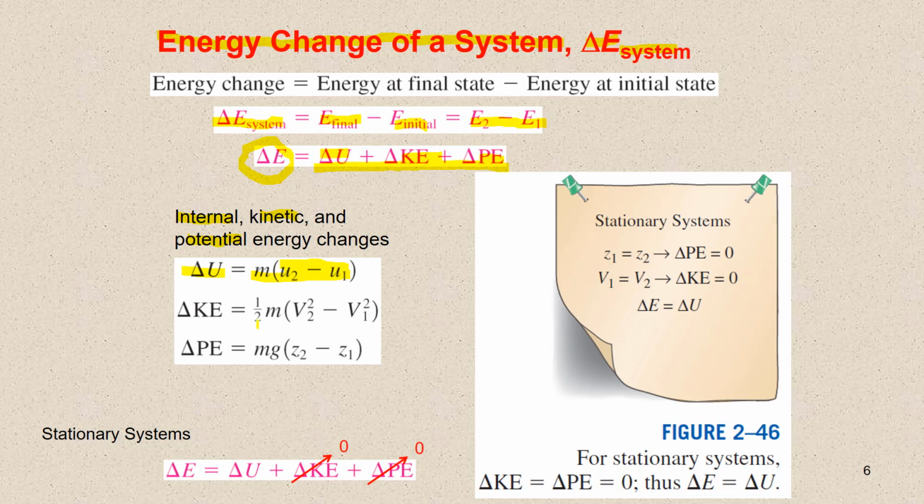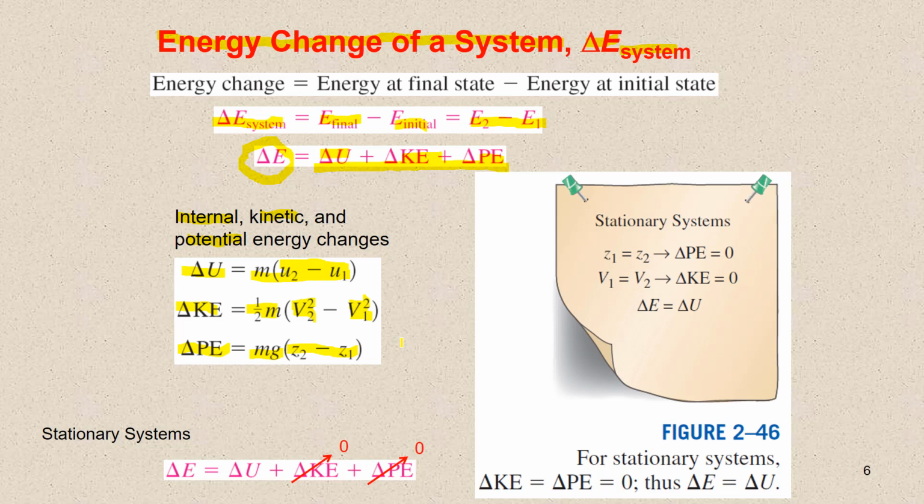The change in total kinetic energy, delta capital KE, equals half m times the velocity at state 2 squared minus the velocity at state 1 squared, and the total potential energy difference, delta PE, would be equal to mass times gravitational acceleration times z2 minus z1, which would be the elevation difference at state 2 and state 1.